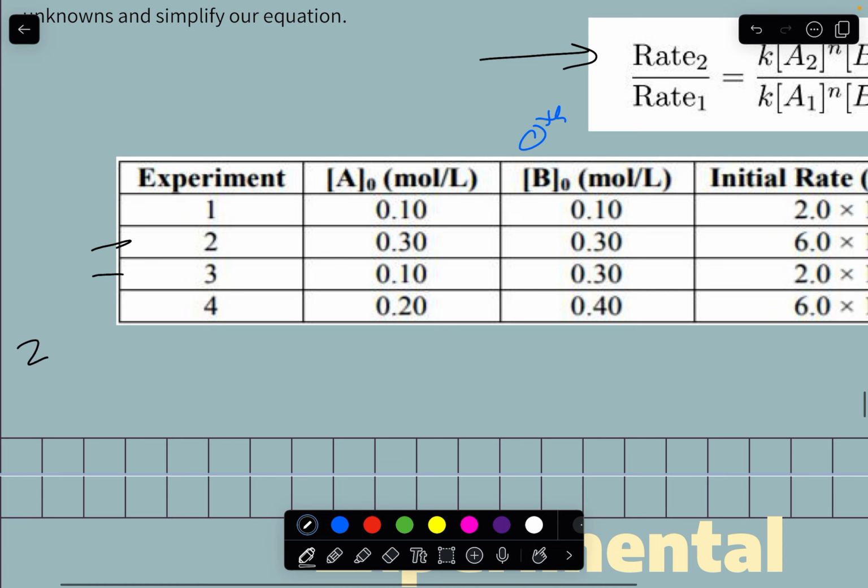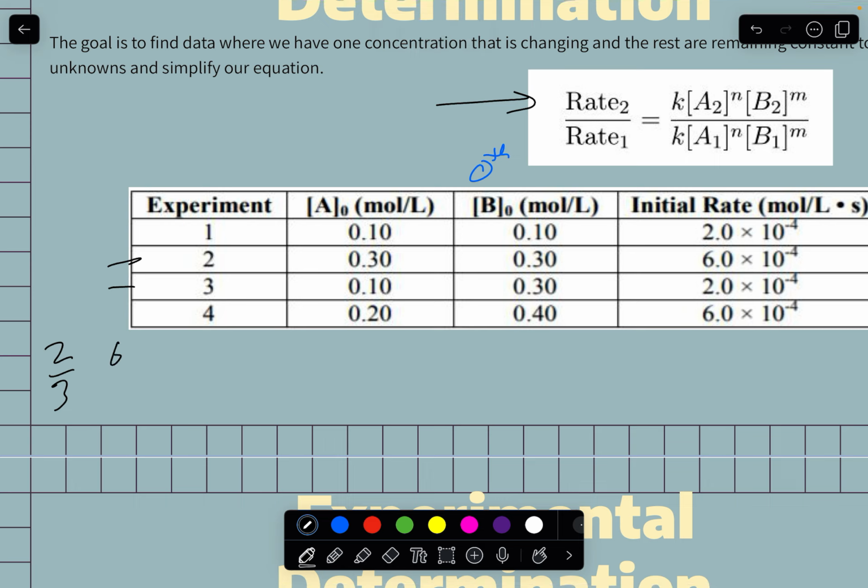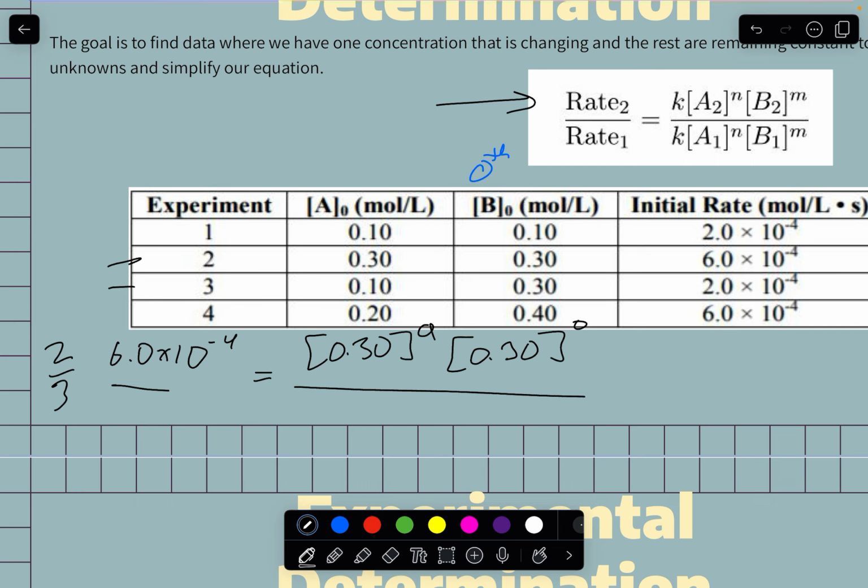Okay, so if we do 2 over 3, we have the rate of 2, 6.0 times 10 to the negative 4 equals K times the concentration of A to the lowercase a power times the concentration of B to the 0th power divided by rate for 3 is 2.0 times 10 to the negative 4.